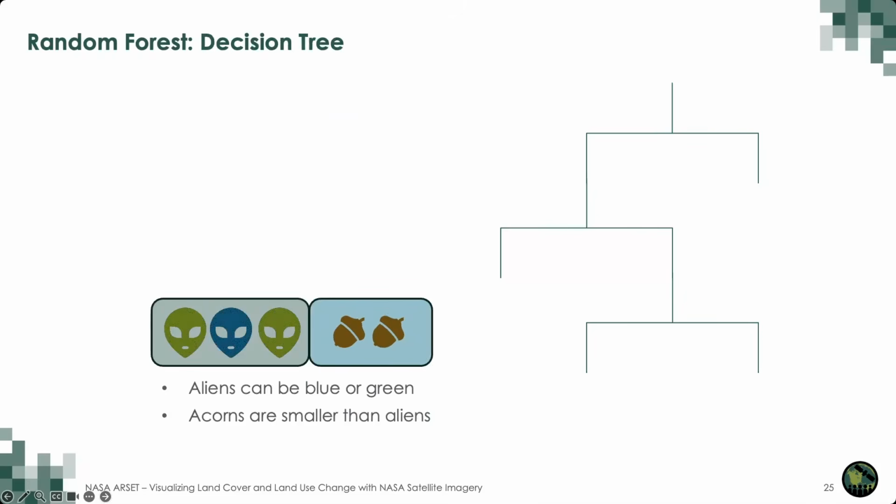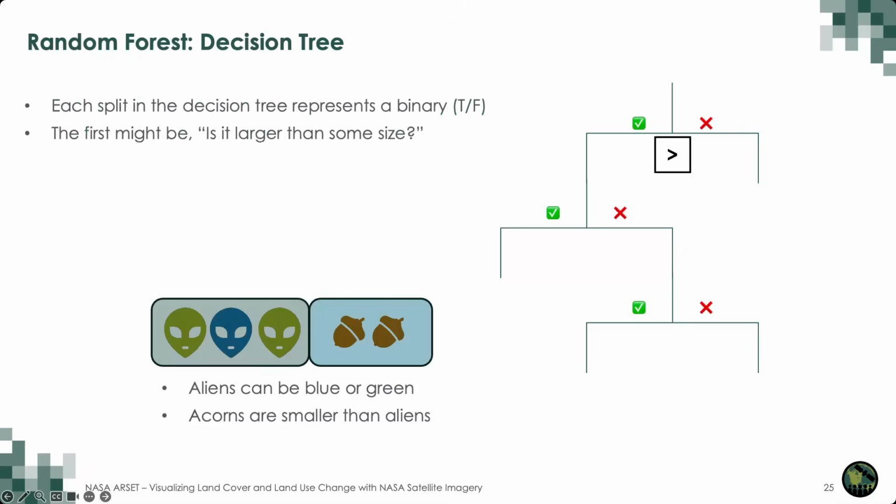Each split in the tree represents a binary decision. The first decision, the first question, might ask, is it larger than some size? The next might ask, is the object green? And finally, it might ask, is the object blue?